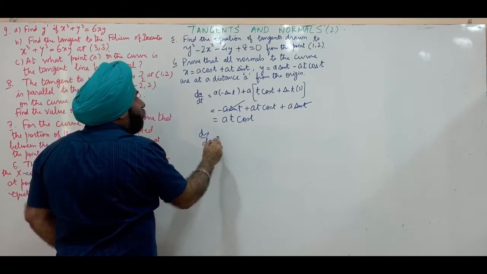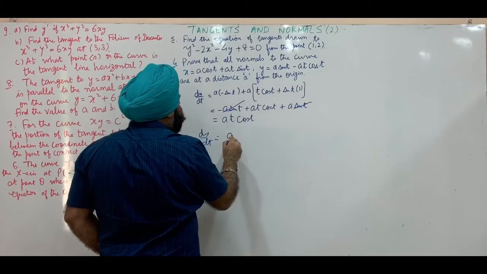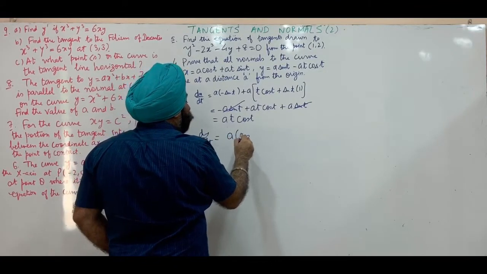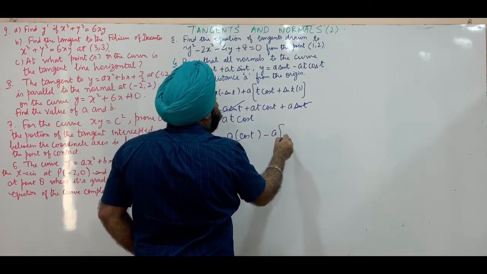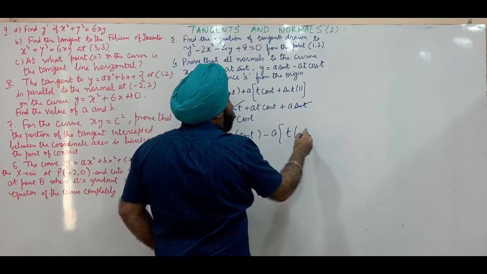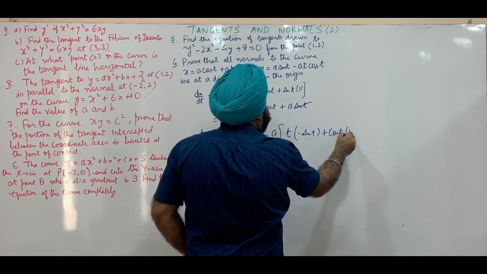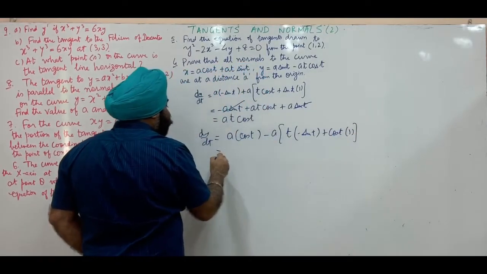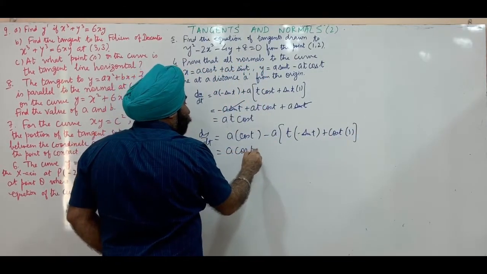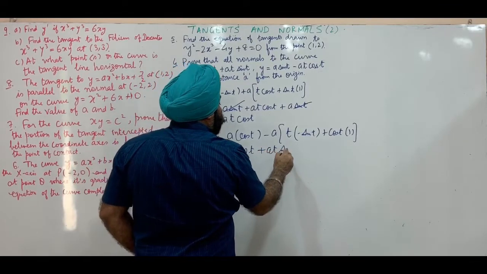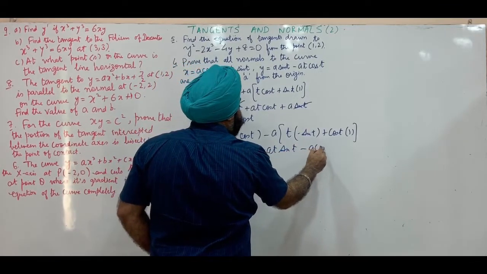Next, dy by dt. This is a into cos t minus a into its t into minus sin t plus cos t into derivative of t, which is 1. Let's simplify. This is a t into sin t minus a cos t.